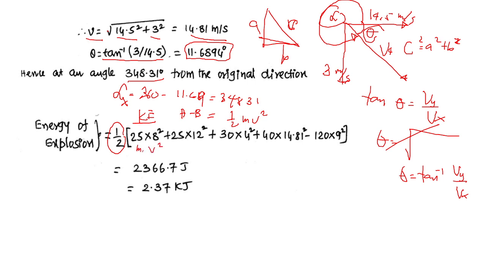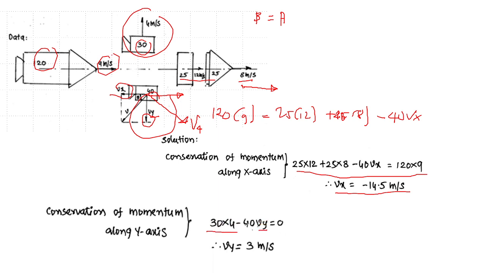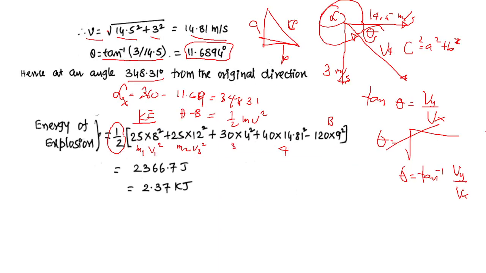Let's say number one, then this one number two, and so on, this is number 3, this is number 4, and then minus before explosion, where 120 is our mass and the velocity is 9 meters per second. Now using your calculator, you can have this value. It's actually Newton meter, which is equal to joules. So that's all, and thank you.